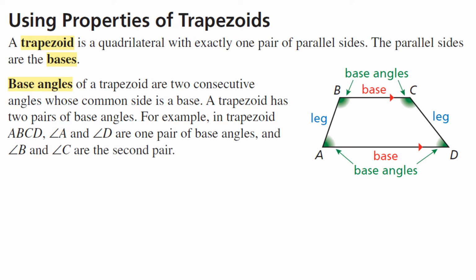Of course, great thing about this is if I go too fast, you can always hit the pause button. And of course, the legs would be the two sides that are not bases.